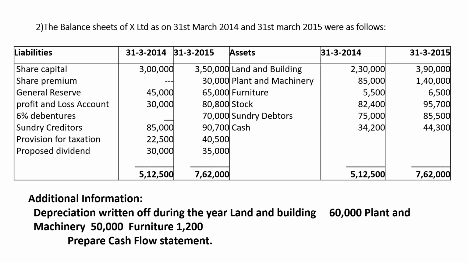For the year 2015 it is 7,62,000. Additional information. Depreciation written off during the year: land and building 60,000, plant and machinery 50,000, furniture 1,200. By considering the above, prepare the cash flow statement.